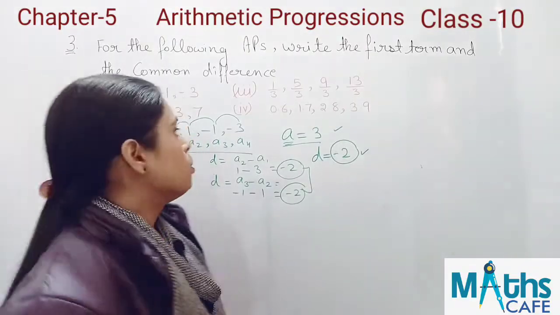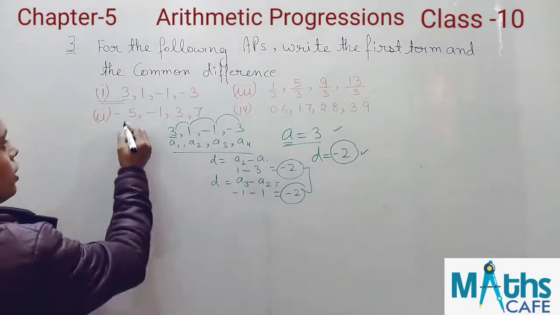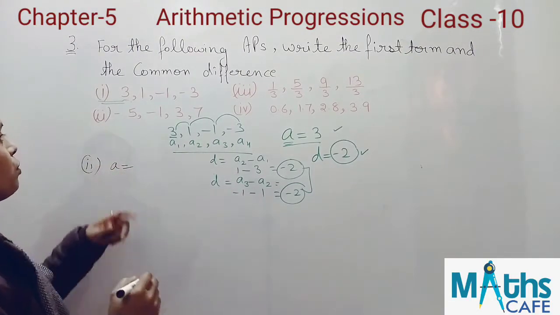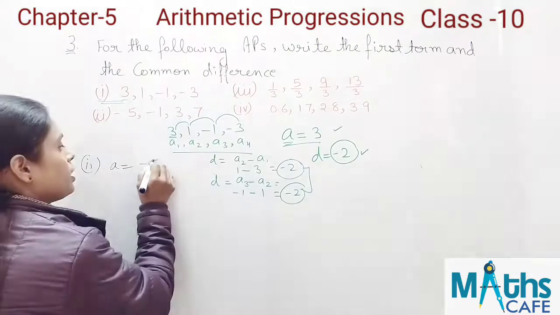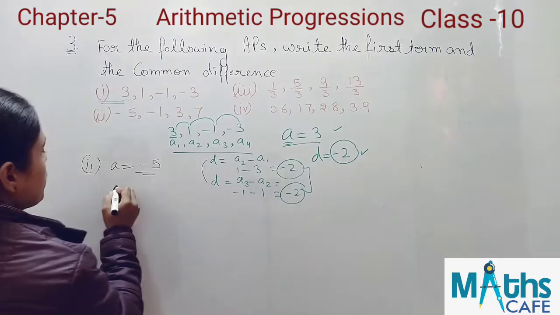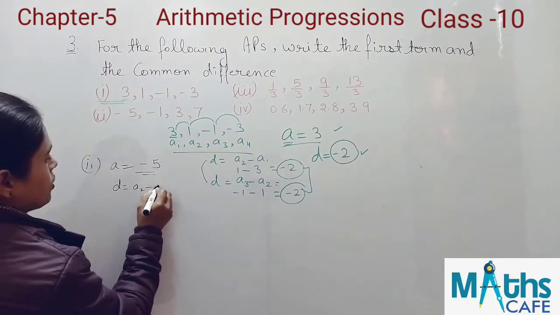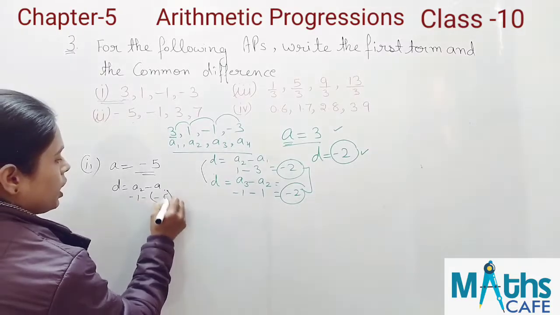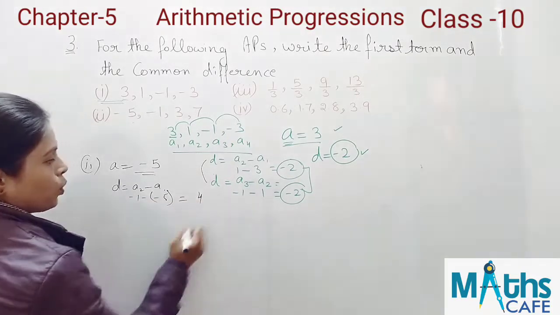So let's do the second part. For A, this is minus 5. As I told you, the first term is your A. For D, the first D is equal to A2 minus A1. So A2 is 1, minus minus 5, so it will come 4.